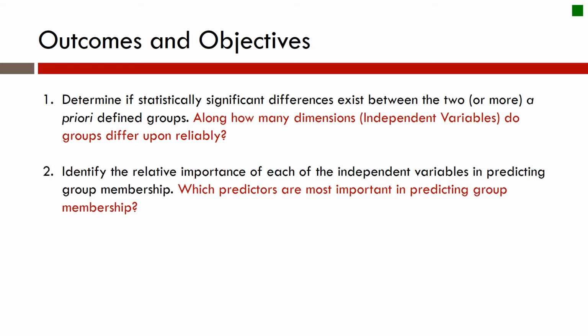We want to be able to identify the relative importance then of these independent variables as they predict group membership. So if we have a series of independent variables, some of those will be stronger than others in predicting group membership, and we want to know which ones those are. It may be we start with like 8 or 9 independent variables, and we find only 3 or 4 of them are really significant in helping us determine which members are closest to which centroids and help us determine what the centroids would be.